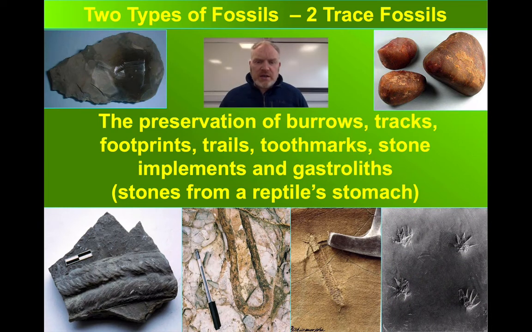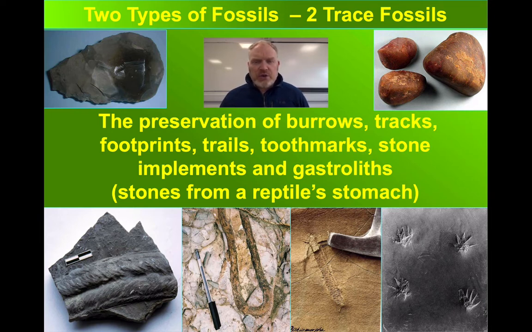We also see a group of fossils we call trace fossils. Now, a trace fossil is a record of an organism's activity. An imprint it left as it lived. There's a huge range of these. I've listed some of them here. Burrows or tracks or footprints are perhaps the best known.